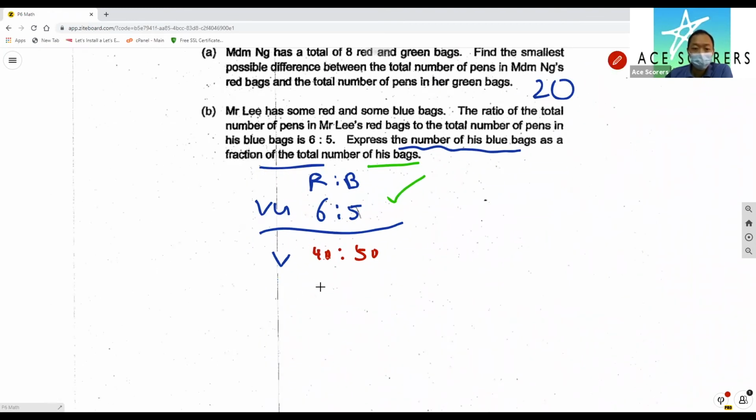So 4 is to 5. Right? Now what's the units? So 6 divided by 4. This is 6 over 4. And then here 5 divided by 5 is just 1. 1 whole.